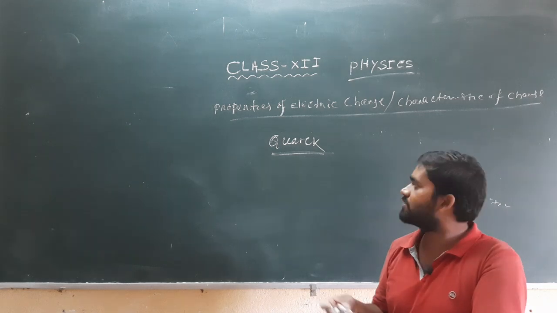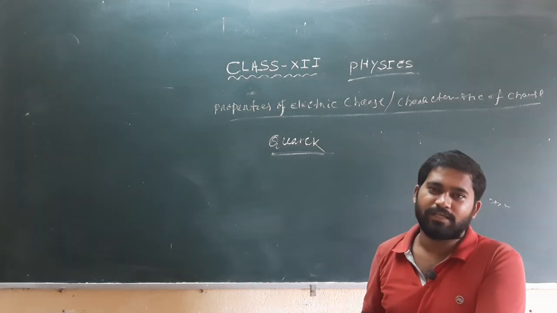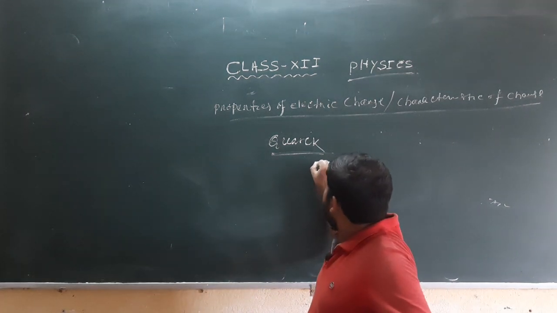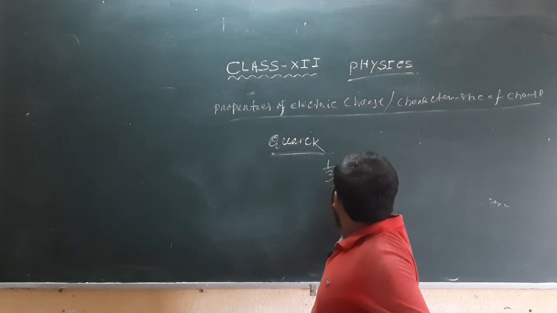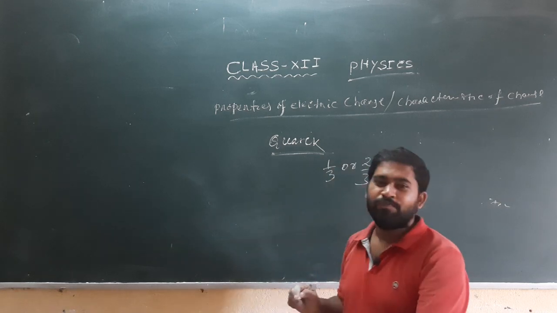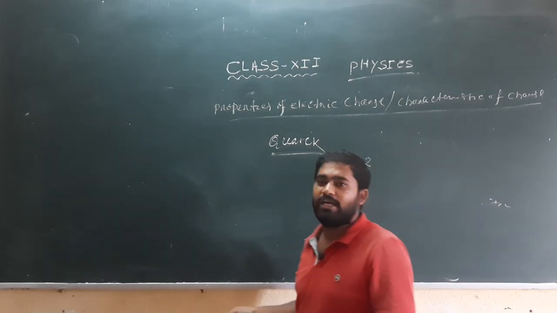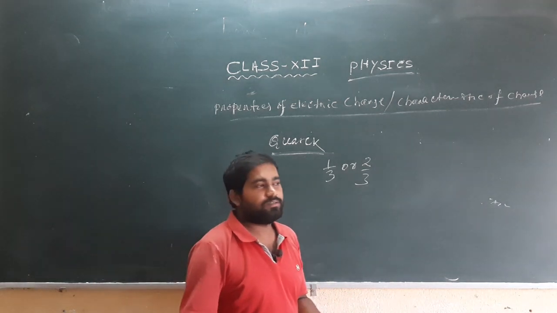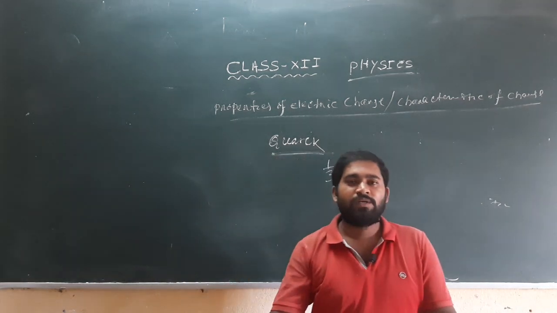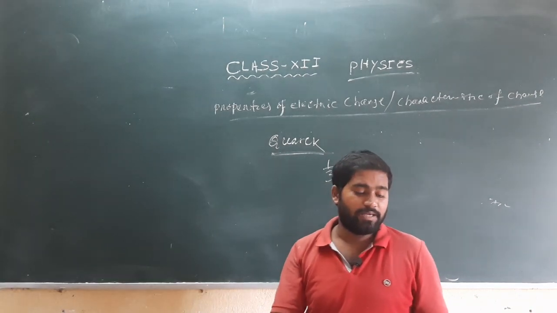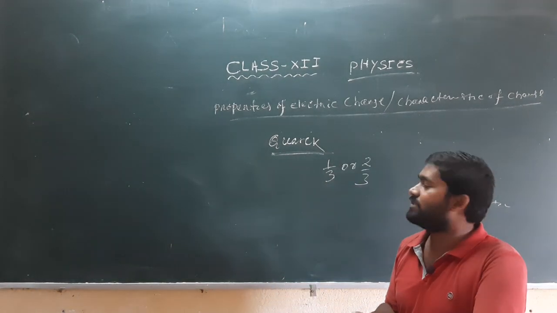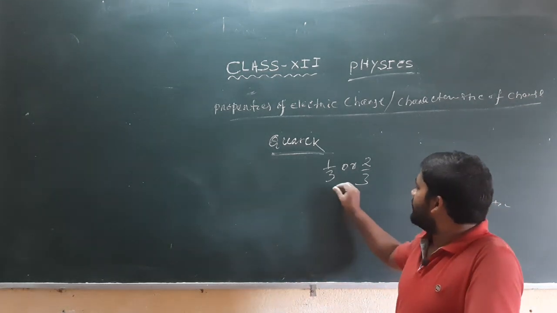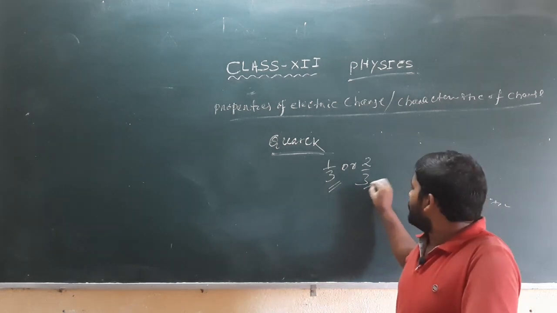As per the recent discoveries, quark is a charged particle which can take the magnitude of a charge as 1/3 or 2/3. Scientists also discuss that this is a hypothetical particle which exists inside the nucleus, and the magnitude of that quark particle will be either 1/3 or 2/3.